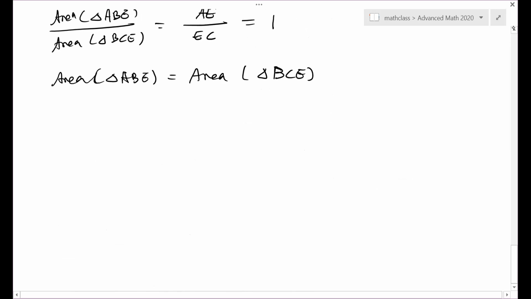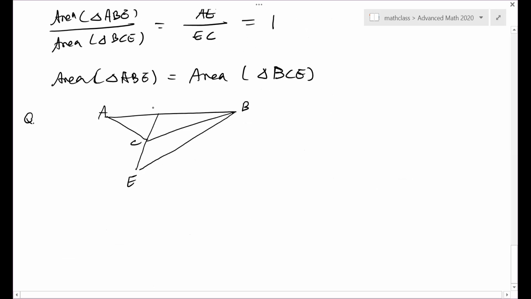Right, so this is how we do that. Let me ask you to do the next problem. We have a triangle like this. Here are A, B, E, C, and D. What are we given?